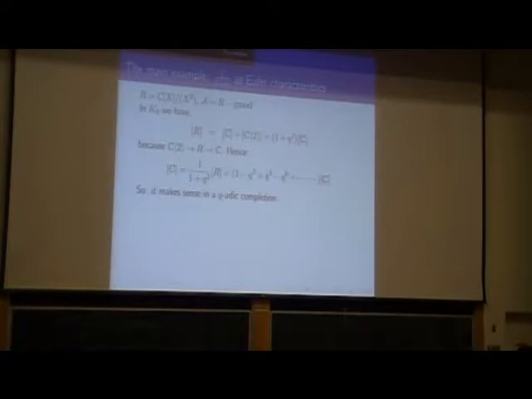But what I claim is that this equation makes sense in a q-adic completion of this Grothendieck group. So you can write 1 over (1 plus q squared) formally as an infinite sum, 1 minus q squared plus q to the 4 and so on, and just view this as something which lives in the completion of the Grothendieck group.